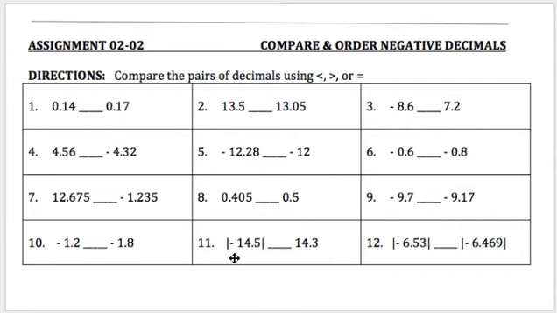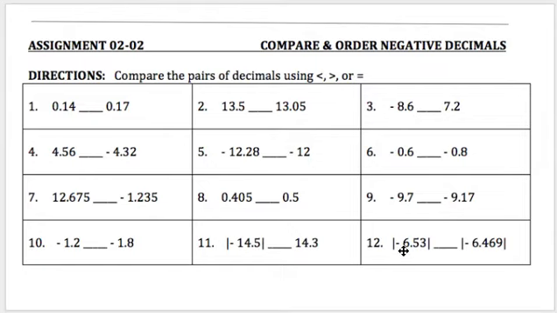So for example, number 11 says, the absolute value of negative 14.5, which if we take the absolute value, we get positive 14.5. So which is larger, 14.5 or 14.3? $14.50 versus $14.30. That's a no-brainer. I open up my inequality to this number because it's greater once we take its absolute value.